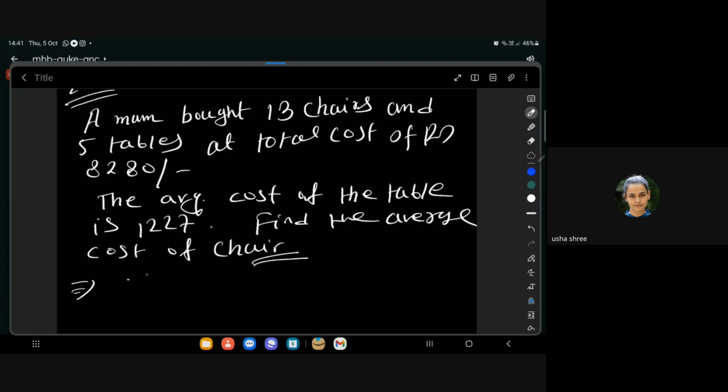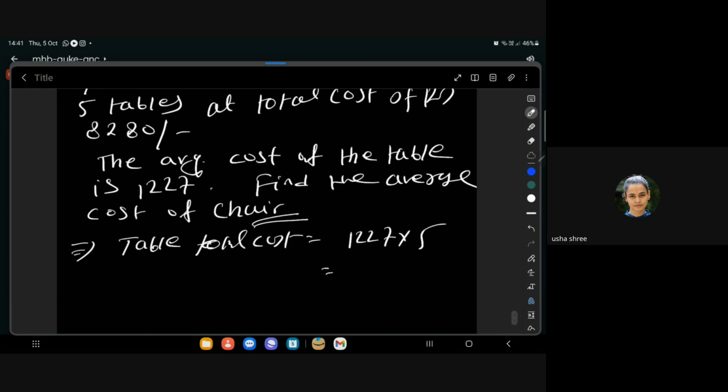So the total cost of the tables is 1227 into 5, so it will give you 6135.